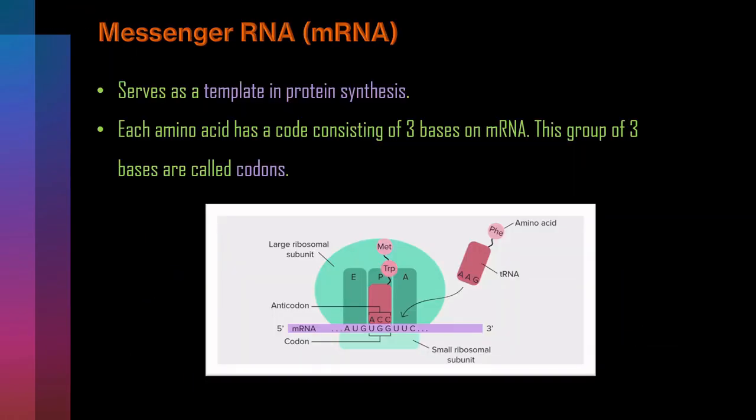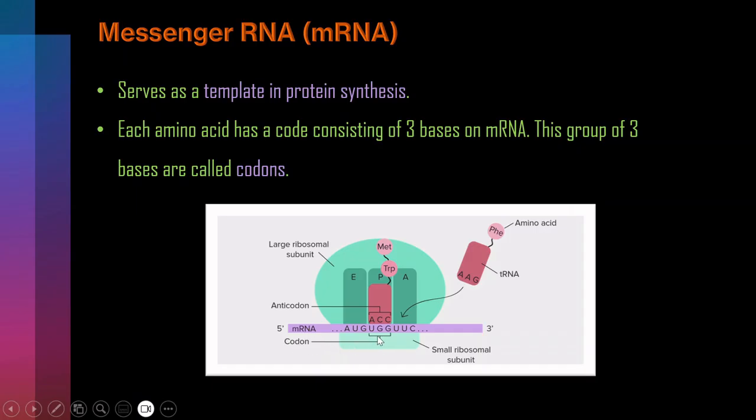So in detail, first one, messenger RNA, as we have already told you, serves as the template for the synthesis of protein. The synthesis of protein starts from an mRNA. And in mRNA, if you can see, it consists of a code or codon.